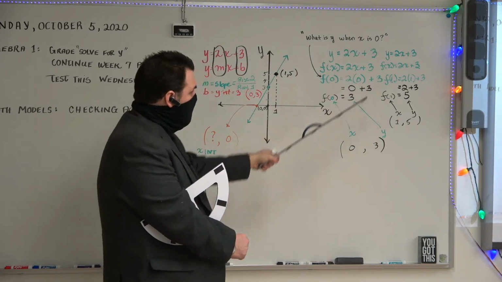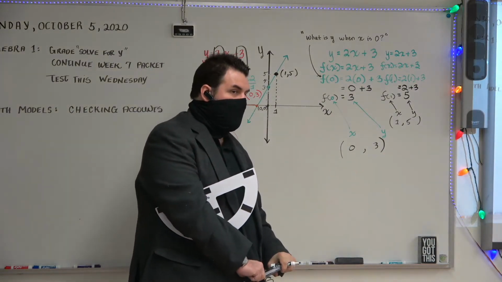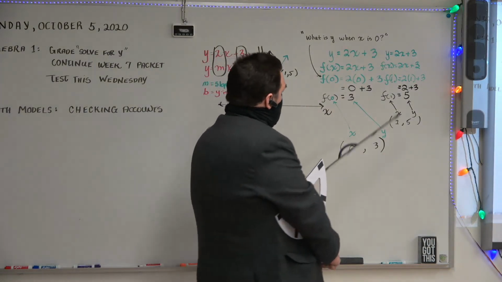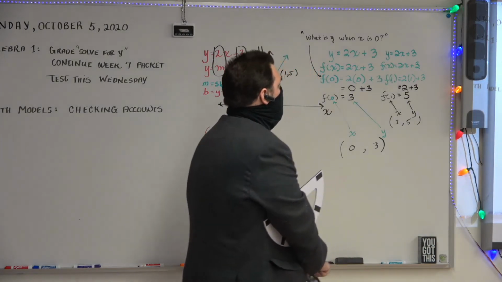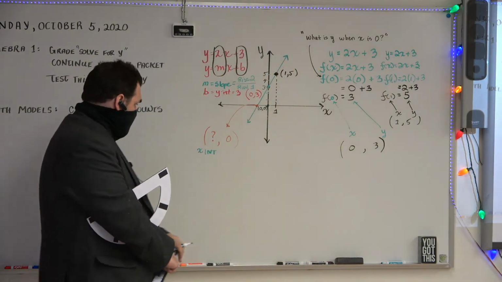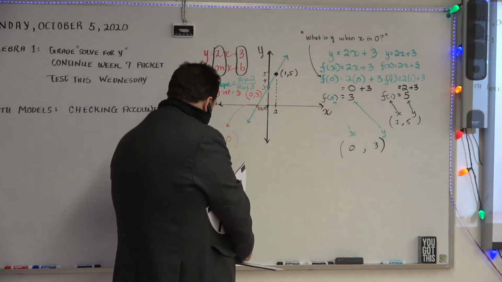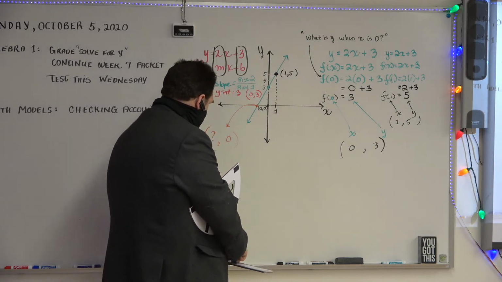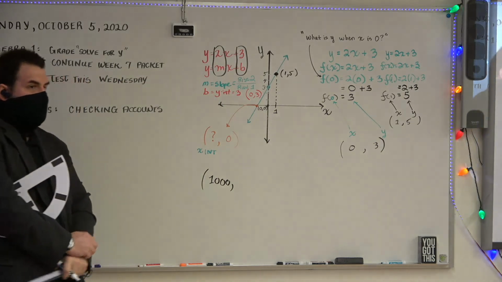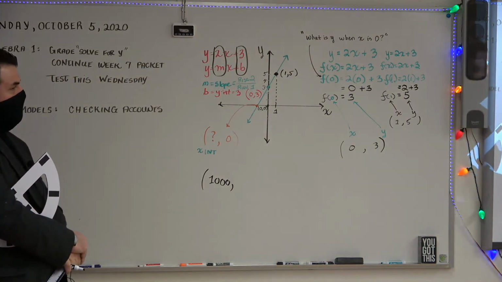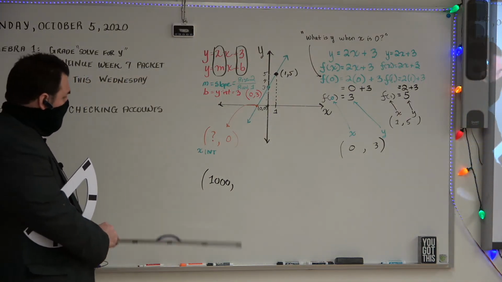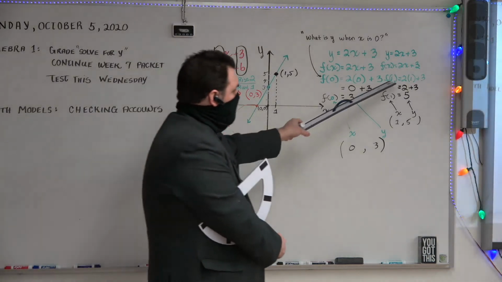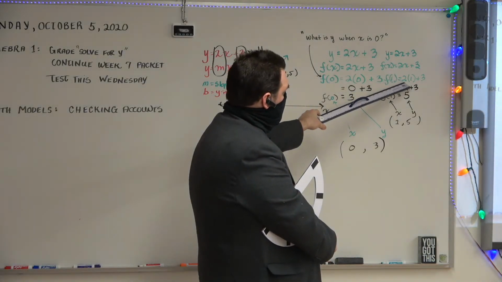You could put in anything. We're going to actually do a crazy one right now in our heads. Ready? What is f of 1,000? In other words, if I have the x value equal to 1,000, what is the y value? You can do it in your head. Stick a 1,000 in there. 2003.